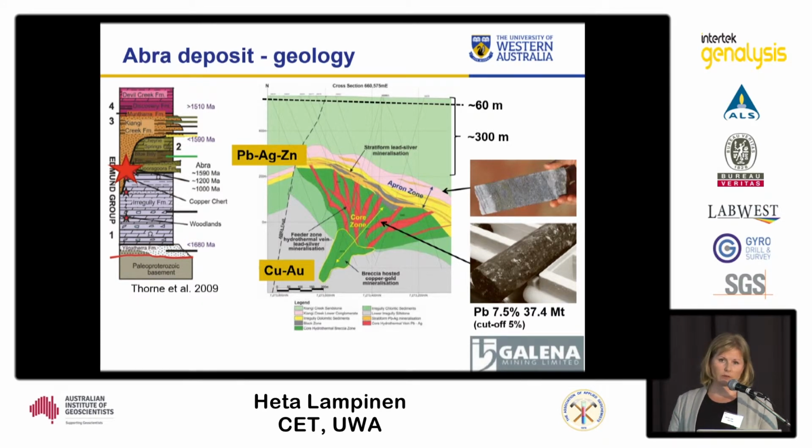Recent academic work, before I got into my hyperspectral study, suggested that Abra is a SEDEX deposit, so sedimentary exhalative, and formed during the deposition of the Irregular Formation. Therefore the overlying Kiangi Creek would have eroded away any traces of the deposit, so nothing gets to the surface.